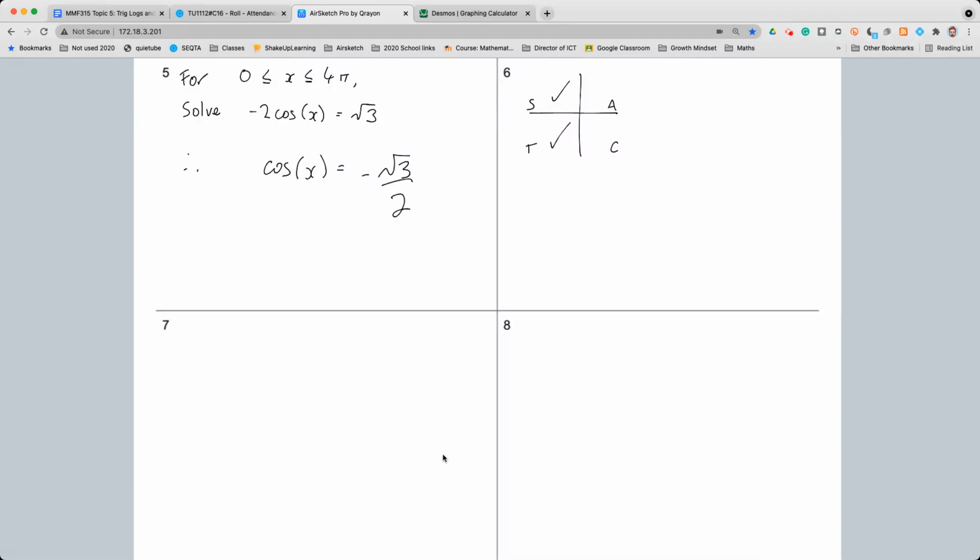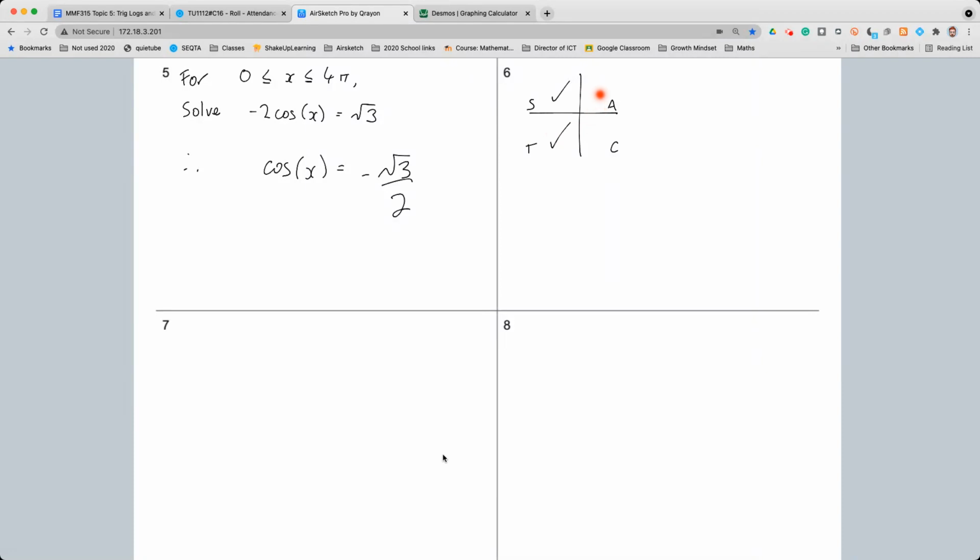Now, this next bit here, you can see that we've got 0 to 4 pi. Intuitively, how many answers do you think we're going to get? It's not 0 and it's not 2. 4. Yep. Because through one cycle, I'm going to get a solution here and a solution here.